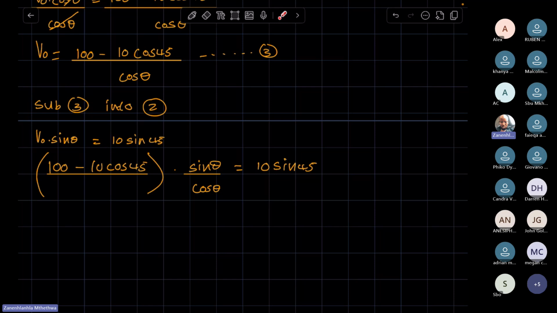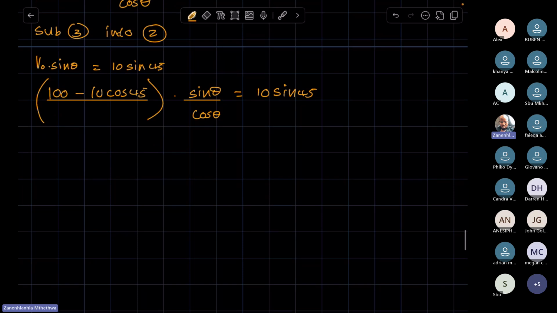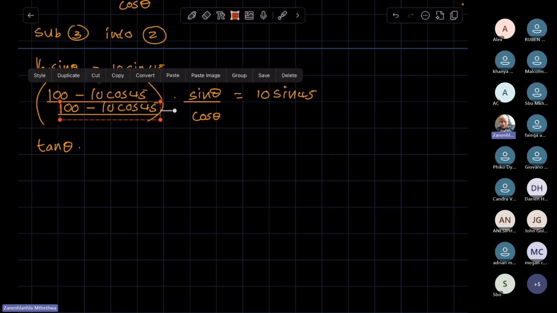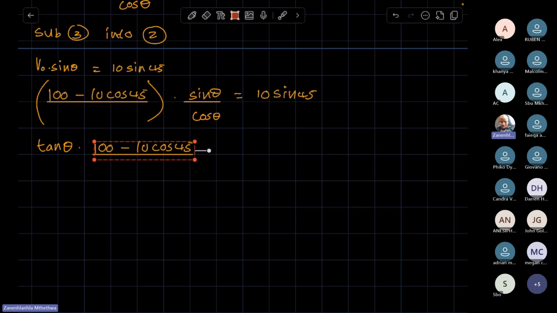Right. And then once you do this, we know sine theta over cos theta is equal to tan theta. So this is the same as saying tan theta times this term is equal to 10 sine 45.